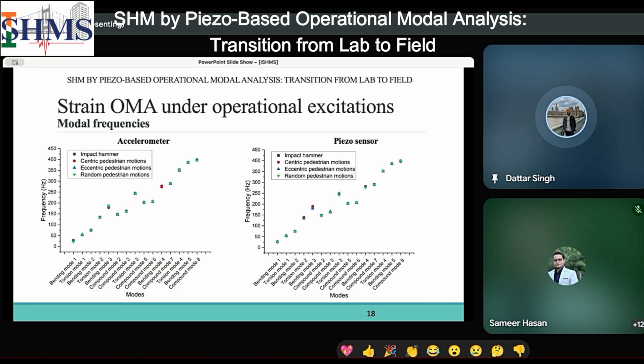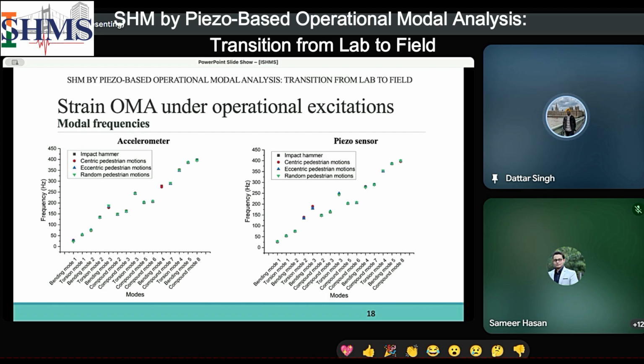However, some of the modes are missing in the eccentric, centric or random pedestrian motions. This could be due to the fact that when a person walks over the center line of the model, the bending mode shapes are excited better than the corresponding torsional mode shapes.